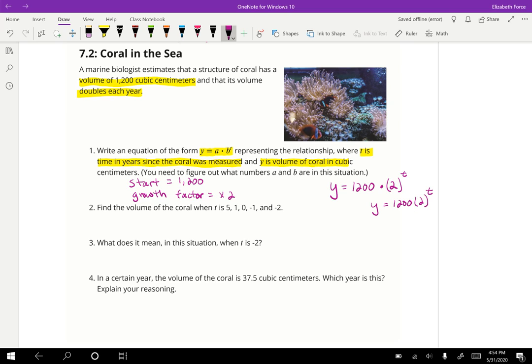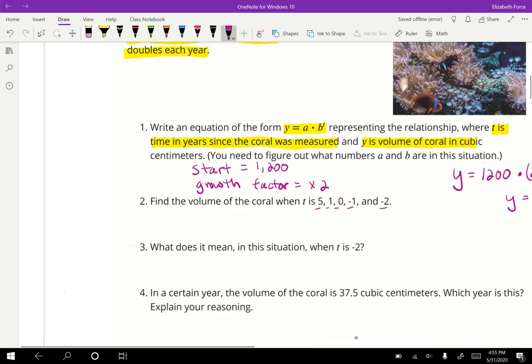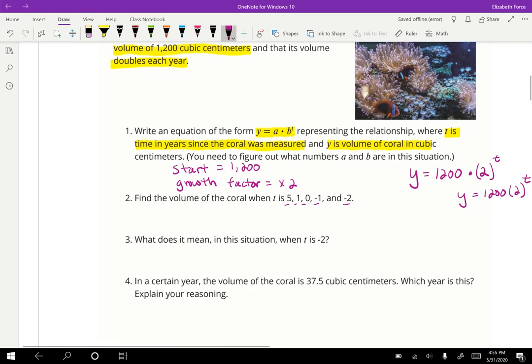Now at number 2, they want you to find the volume of the coral when t is equal to each of these numbers. So I'm going to make a table of values, and we'll maybe open the screen up a little bit over here. So t is time in years. And then remember, we're measuring the volume in cubic centimeters.